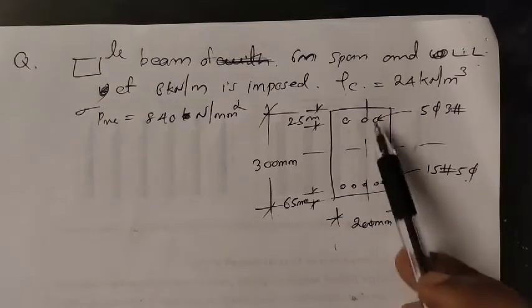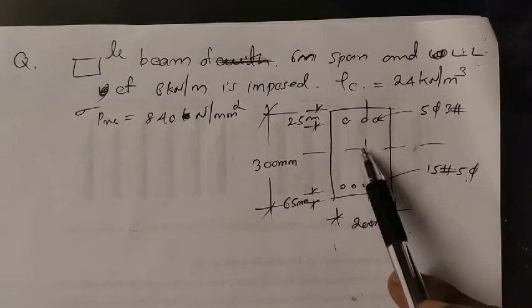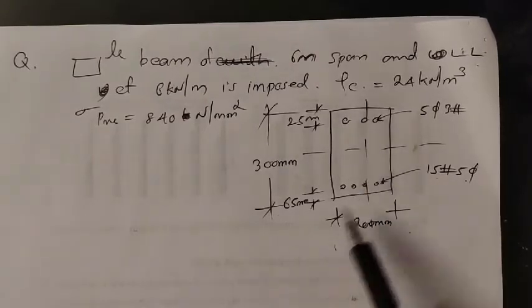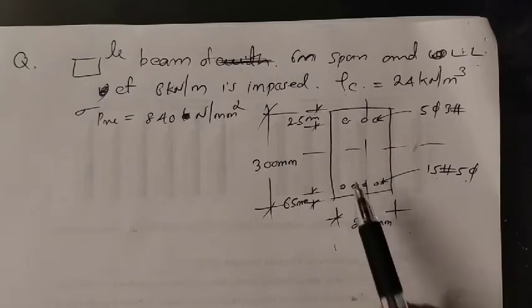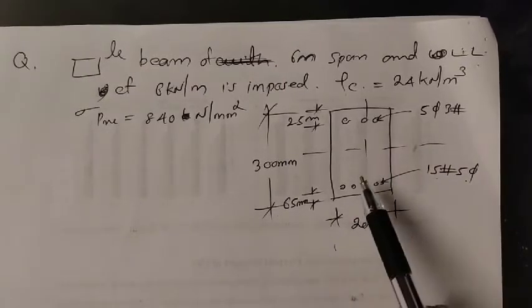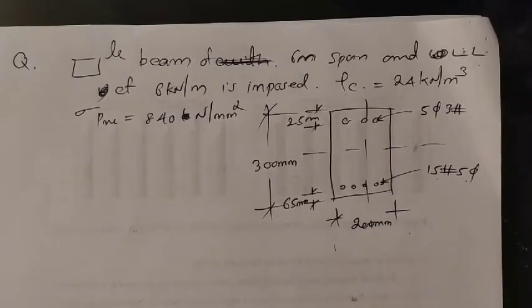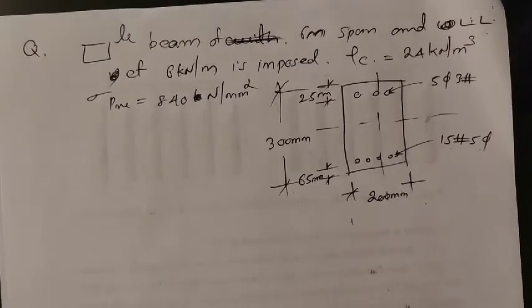Okay, so first of all we want to know where the total effectiveness of the reinforcement will be. First we want to know whether eccentricity is available there or not, we want to check that.